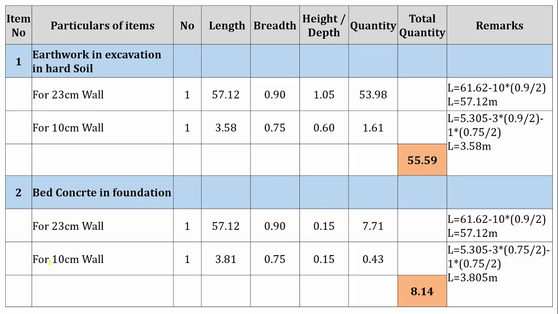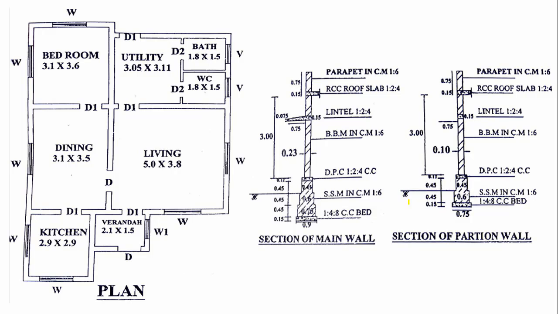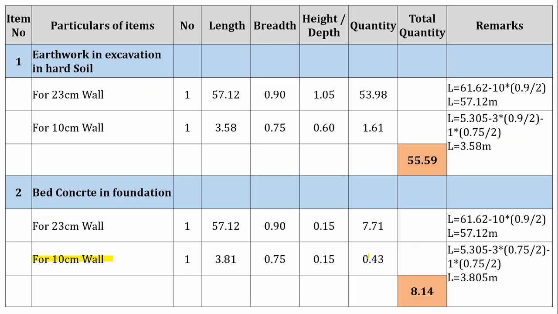Then next we will go for the 10 centimeter wall. Here carefully you have to see, this is the ground level and this is the ground level. For the main wall we have provided two steps, but here we have only one step. So therefore now here we will calculate the bed concrete. We have to calculate this length.